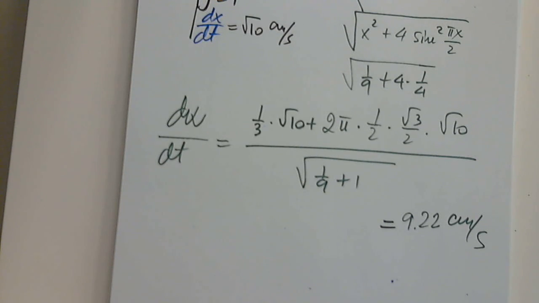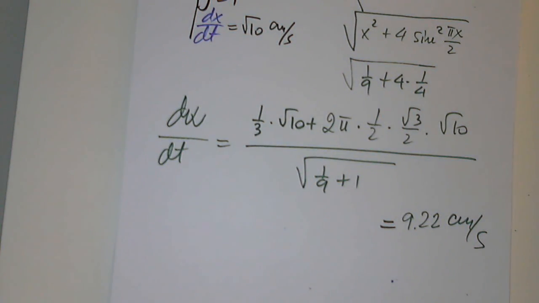The square root of 3 times the square root of 10 is the square root of 30. And I still have to divide by 2, yes, okay. And then divided by 1/9 plus 1. Can anyone confirm the number? That's what I got. Okay, thank you very much. I trust Paige, so I don't have to check again.